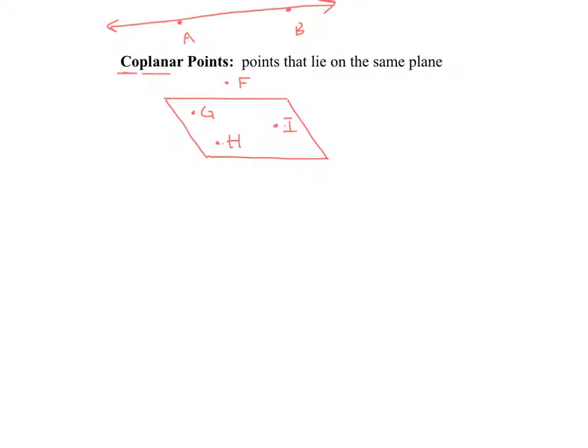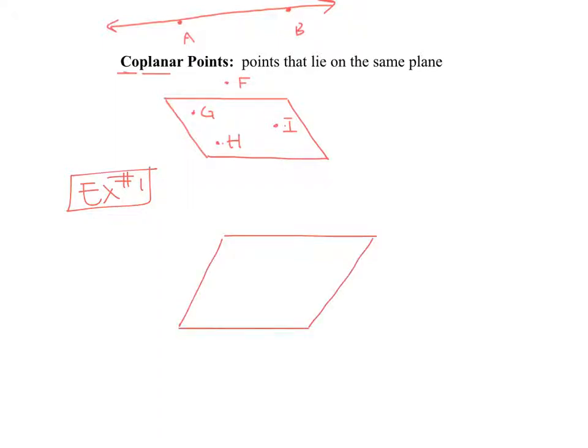Okay, then what we're going to do is I'm going to give you an example here. So here's a plane. And we have P, and then R, Q, and V. I switched it up.